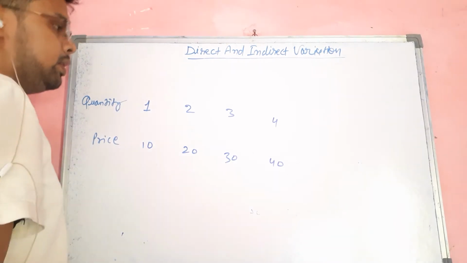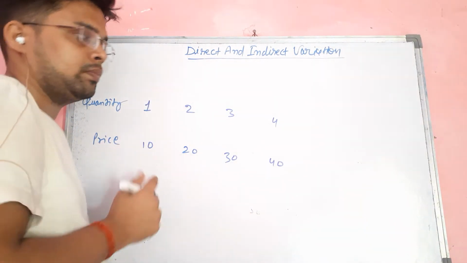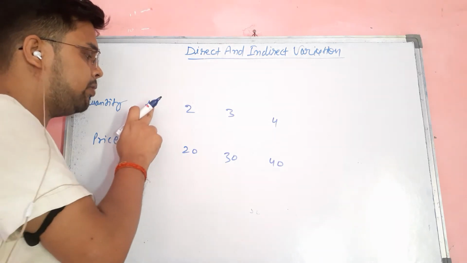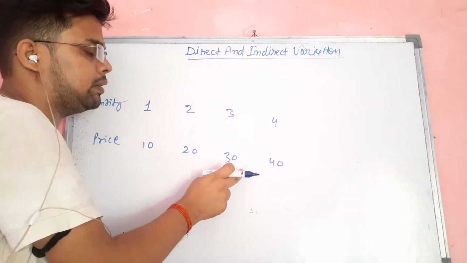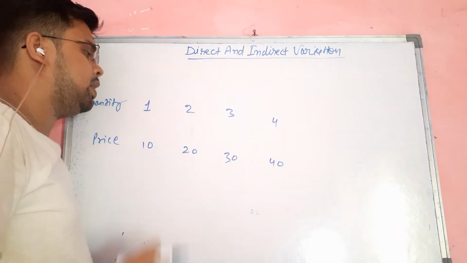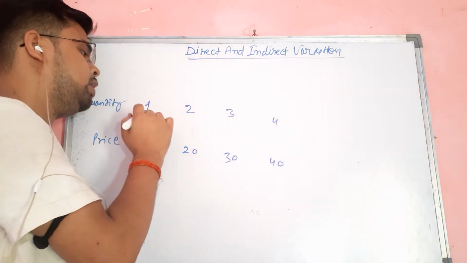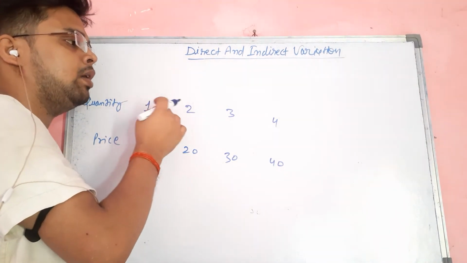Here children, you can see that if you want to buy more pens, you have to pay more. The price of one pen is 10 rupees, the price of 2 pens is 20 rupees, the price of 3 pens is 30 rupees, and the price of 4 pens is 40 rupees. If you increase the quantity of pen, you have to pay more rupees.